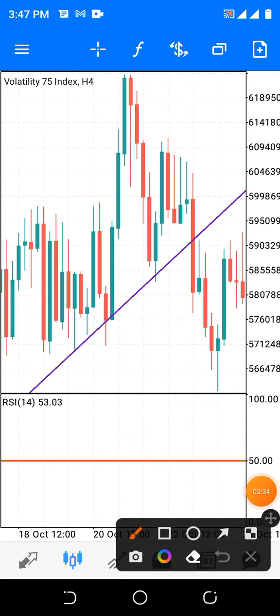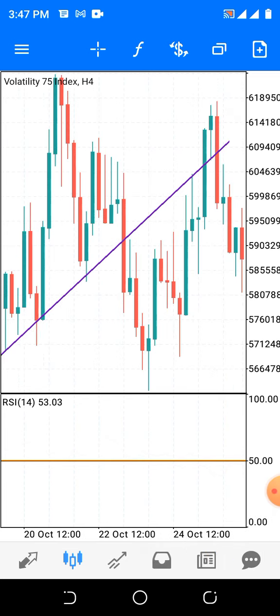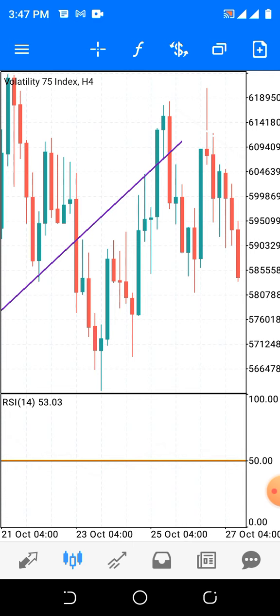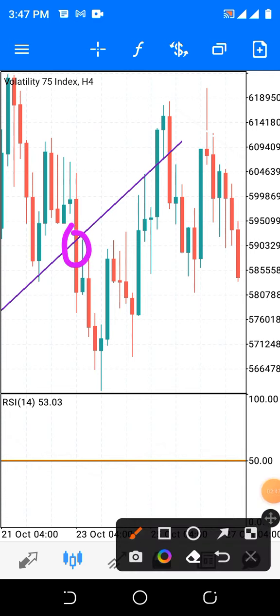Do you understand? Now if you watch here, you see that the trend line is broken here. So how do you confirm if it is a reversal trend? Now you wait.